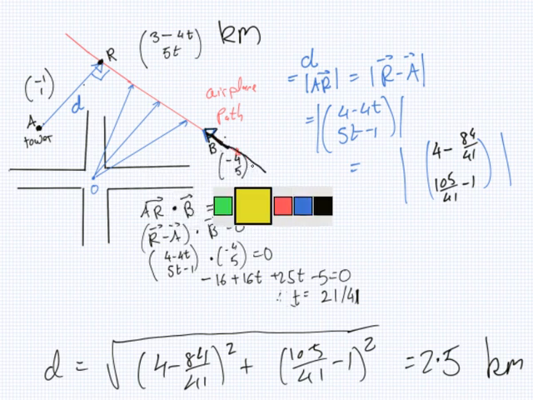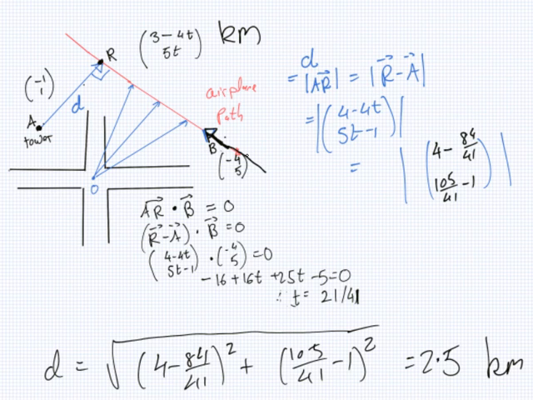So 3 is the shortest distance of B. 3? What does that 3 mean? It means nothing. What 3? The equation 3 minus 4t. The constant 3. Does it mean anything? It does. If you put the t as 0, you get 3, 0. It's just a point on the line.